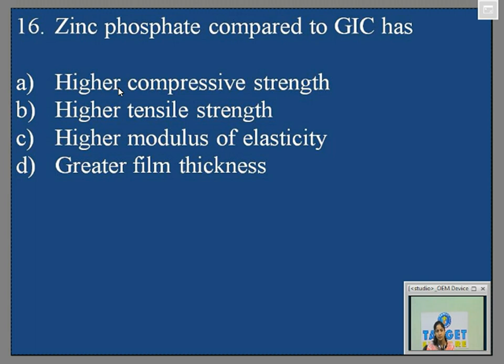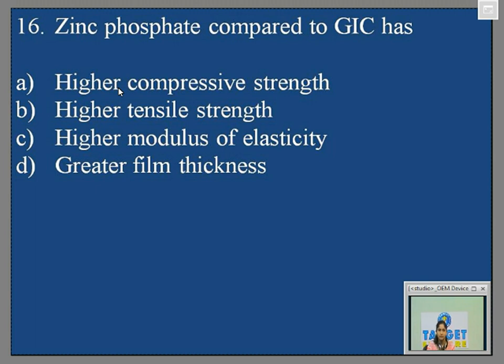Modulus of elasticity is 13.6 for zinc phosphate. That means it is more rigid. Okay, zinc phosphate is more rigid. It is 13.6, whereas for GIC it is approximately 7.2 gigapascal. So 13.6 and 7.2 gigapascal. That means GIC is more susceptible to elastic deformation, whereas zinc phosphate is more rigid.